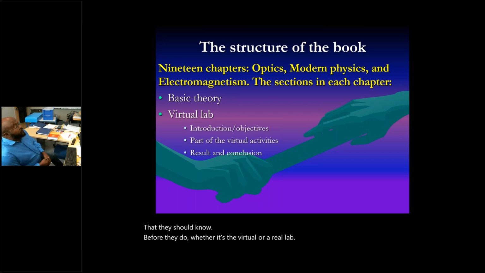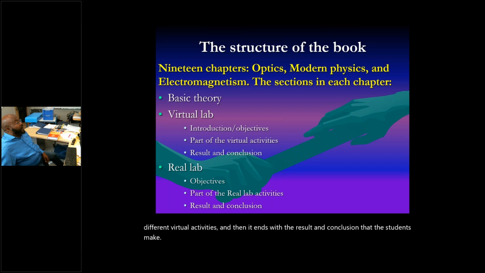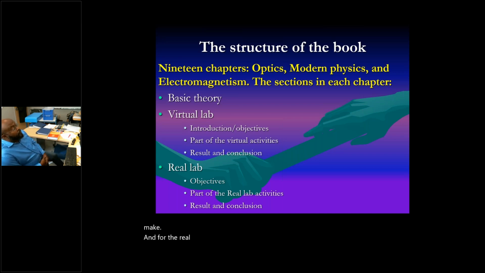It's followed by the virtual lab, which begins with introductions and objectives of the lab and different parts for different virtual activities, and then it ends with the results and conclusion that the students make. And for the real lab, we have the same thing: objectives, parts of the real lab activities, results and conclusion.